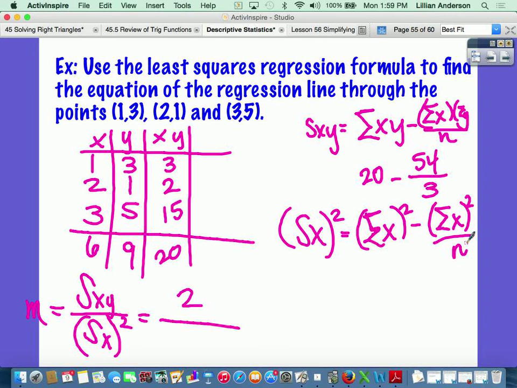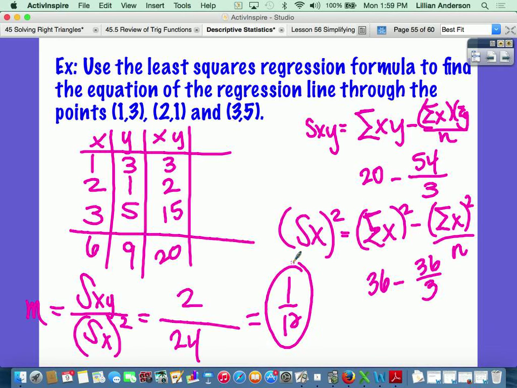The sum of my x's squared is 36. 36 minus 36 over 3, which is 12. 36 minus 12 is 24. So 2 over 24, or 1/12. There's my slope of the least squares regression line. So in our y equals mx plus b, that's our m.